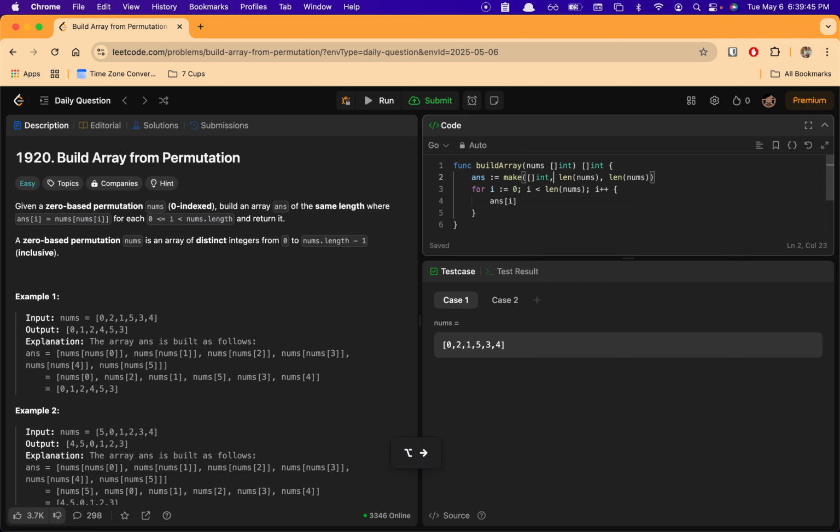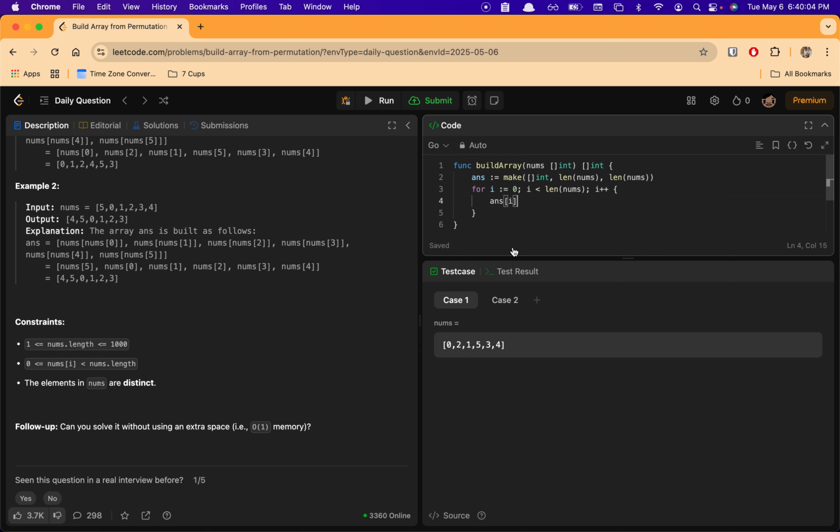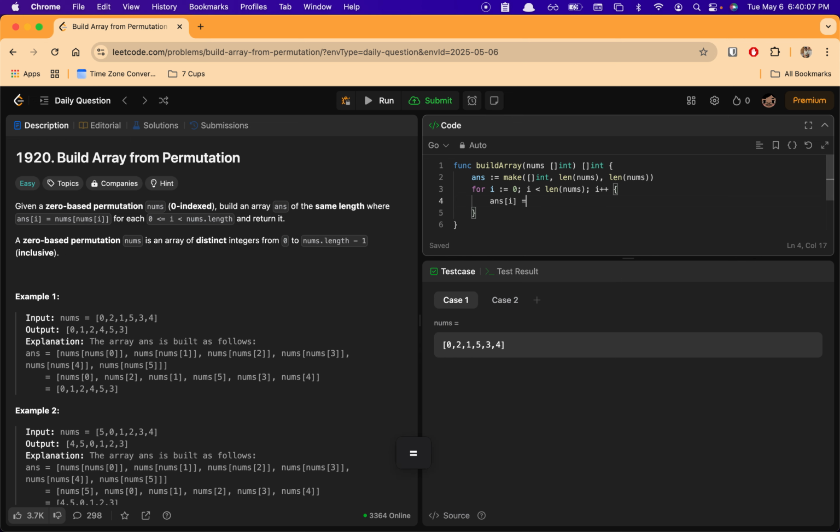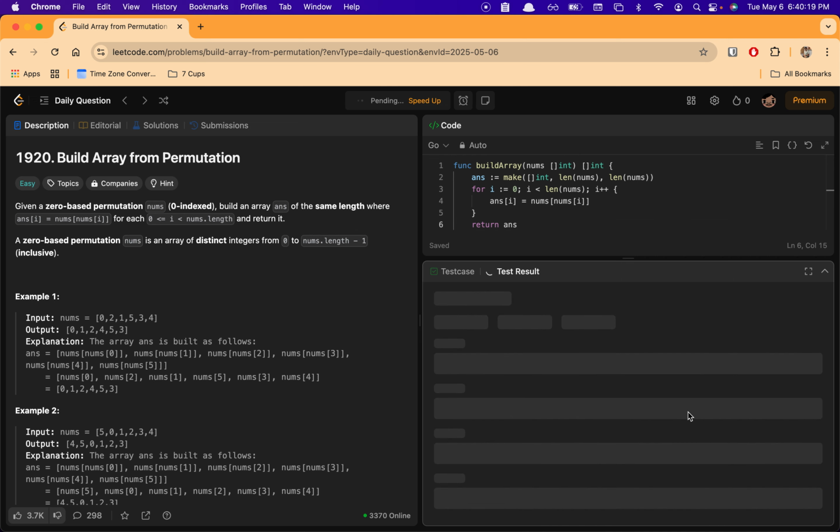So I created an array which has zeros initially because it's an integer, so you have the zero value, and the maximum capacity that it can have is this, though it can grow, but initially it's getting some extra space. So if the maximum size is 1000, it will have 1000 integers. Then you return ans, and you can try to run the test case and see if it works.